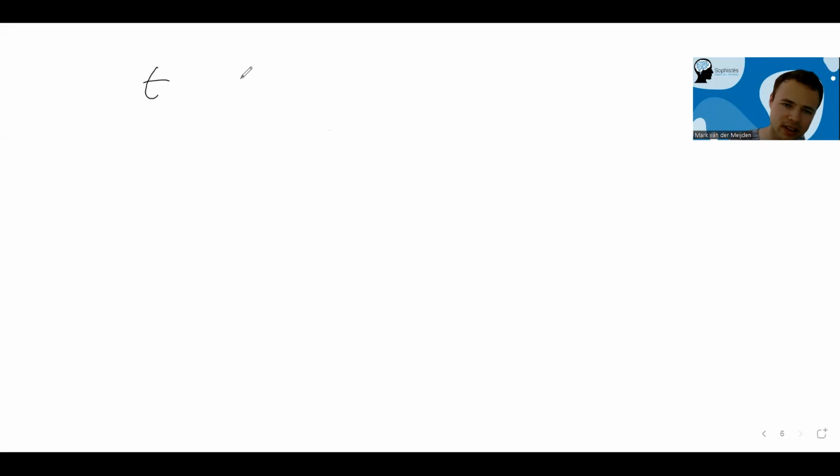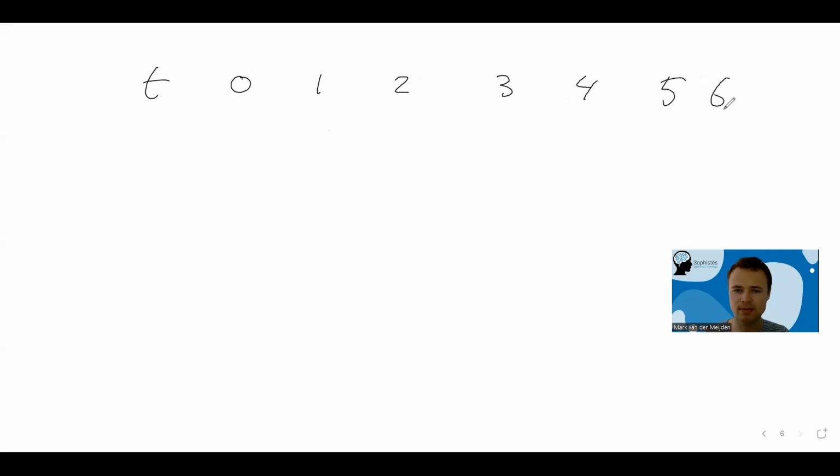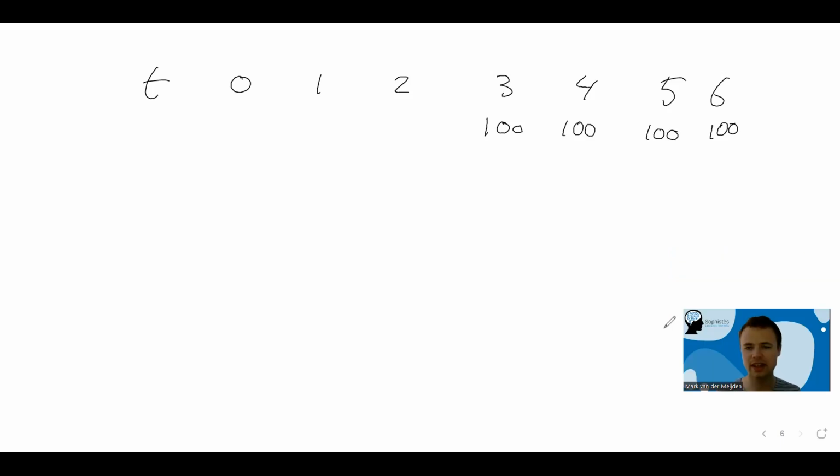However, it could also be the case that the problem looks like this. 100, 100, 100, 100. In this case, let's, by the way, keep it a bit more simple. Let's also ignore the 6.